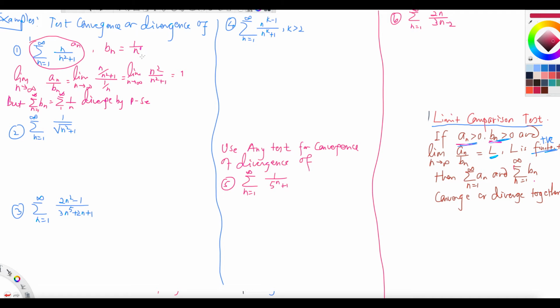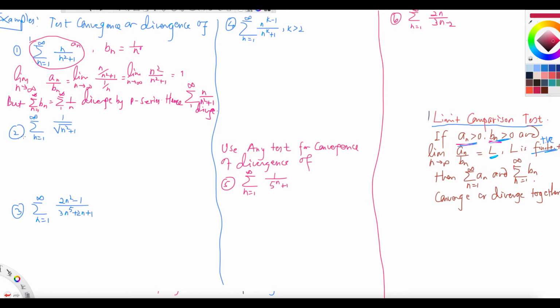If P is greater than 1, it converges. If P is less than or equal to 1, it diverges by the P series. Hence this series, the summation from 1 through infinity of n over n squared plus 1, diverges. That's what we got.